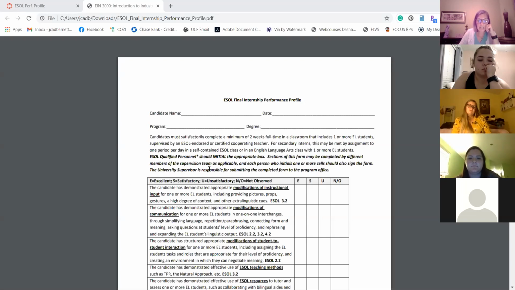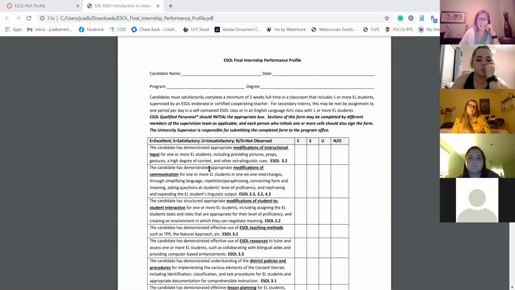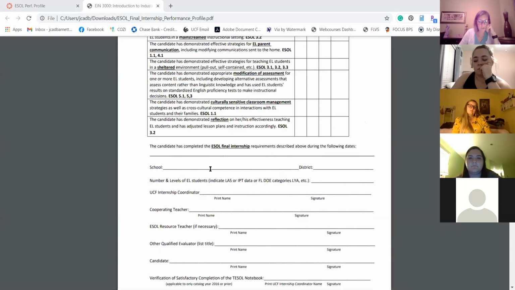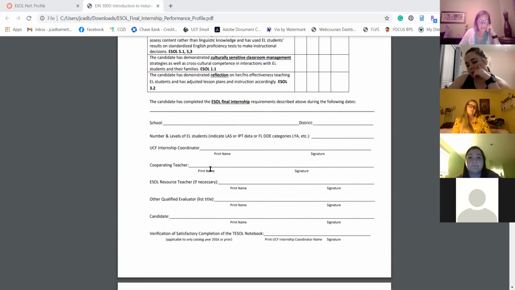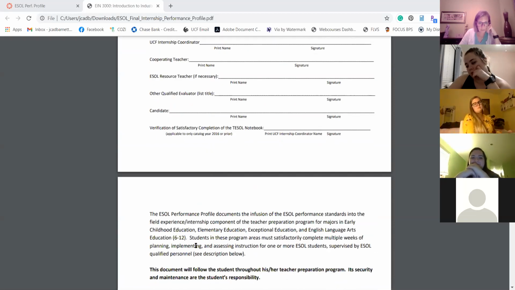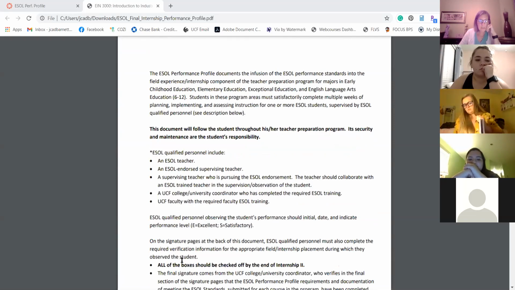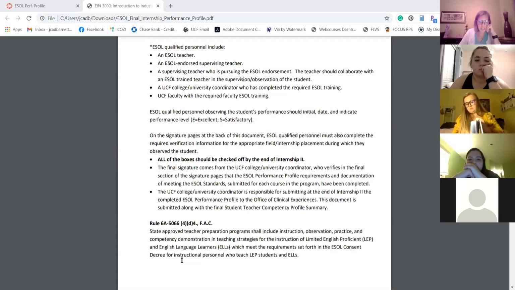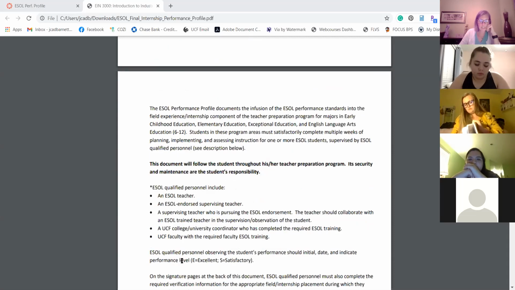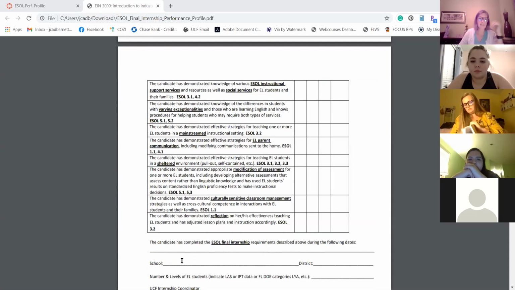It ends up being 60 hours, I believe, is what 2 full weeks equates to. I'm trying to see if it says it down here. I will double check that, but I am 95% sure that they consider 2 weeks the same as 60 hours.